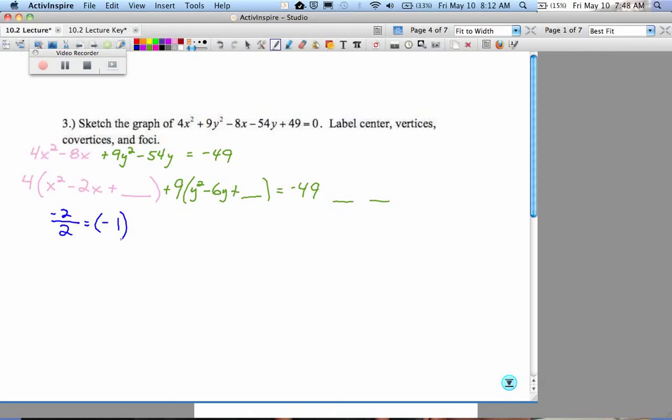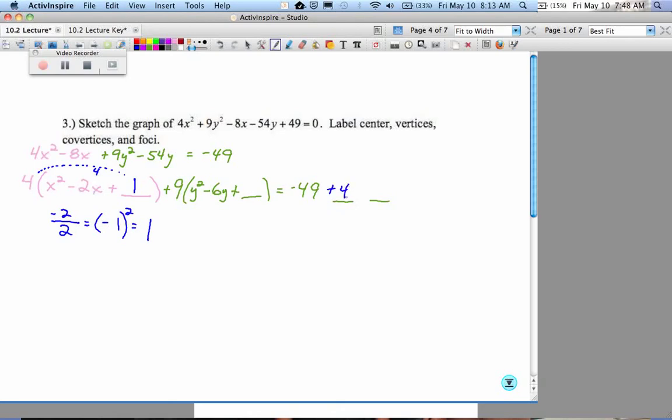We're careful to put that in parentheses for 2 reasons: we're going to use that number later, and we don't want to mess it up on the calculator. What happens when you square a negative 1? I get 1. So when I put it in this first blank, mentally or literally draw the dotted line to the front. What's 1 times 4? So what I've done over here is I've added 4. So on this side of the equation, what do we have to do?